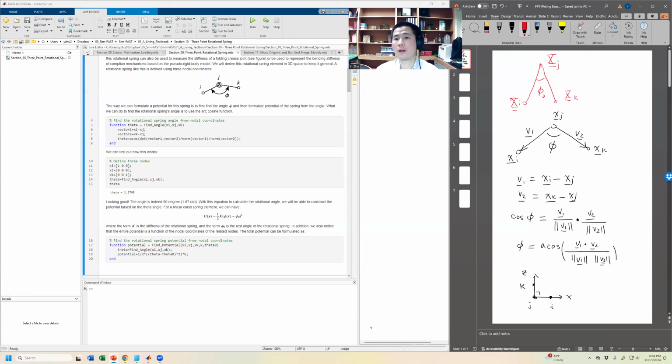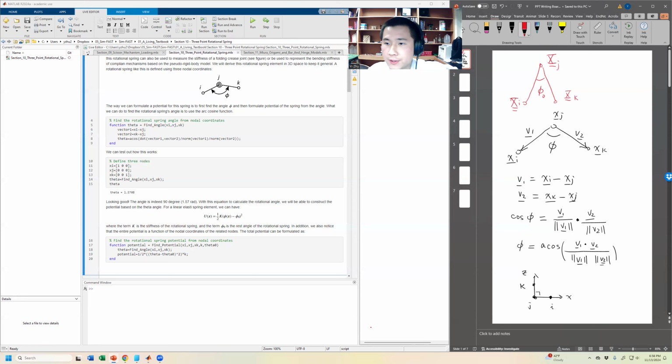So again, IJK. That's the undeformed configuration. That's the deformed configuration, right? If this is the phi naught, that's the original angle, the angle where there's no forces, where the system wants to stay.